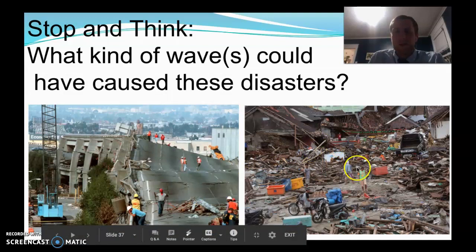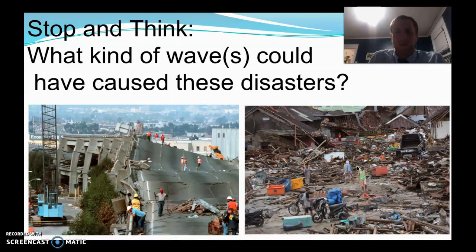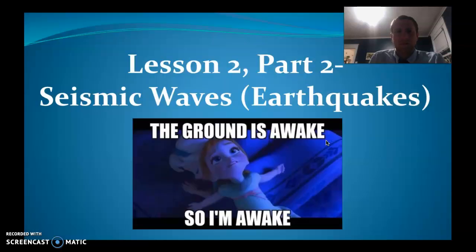This one was in Indonesia, where over 250,000 people perished. It was terrible. Back in 2010, I believe, maybe 2004. And this earthquake over here, I think this one may have been in Haiti from 2014, which is also another devastating earthquake. So we're going to talk about these things right now.